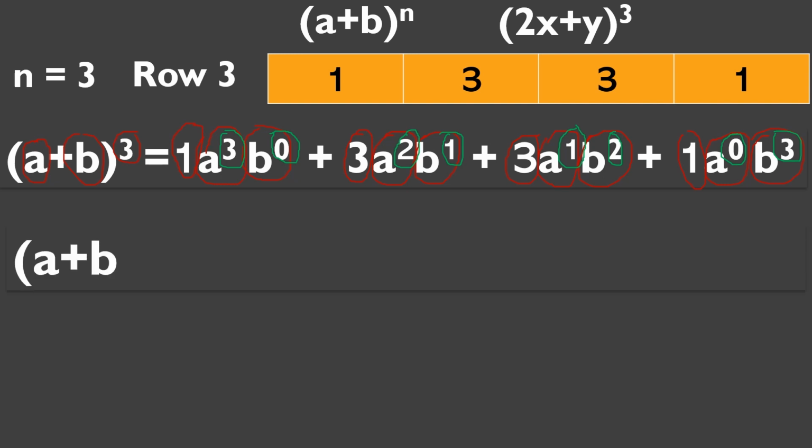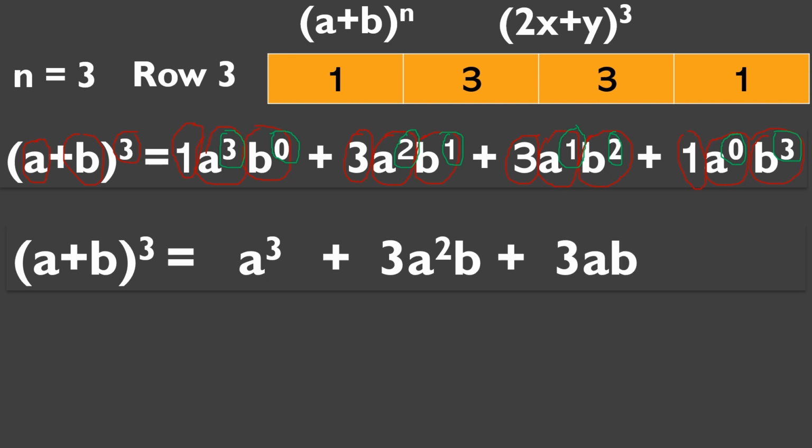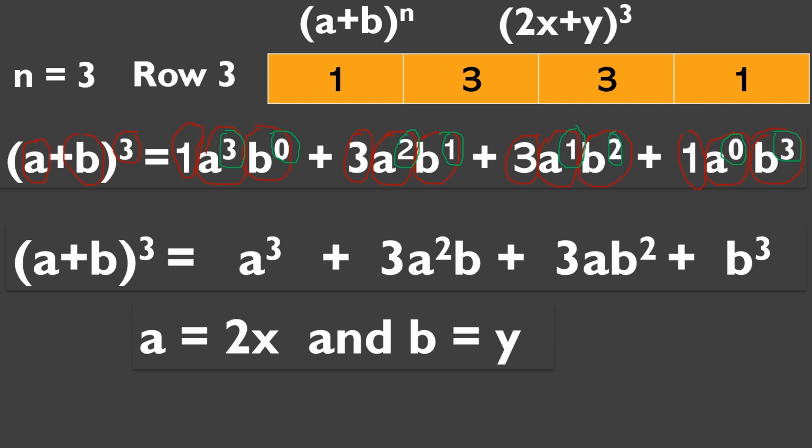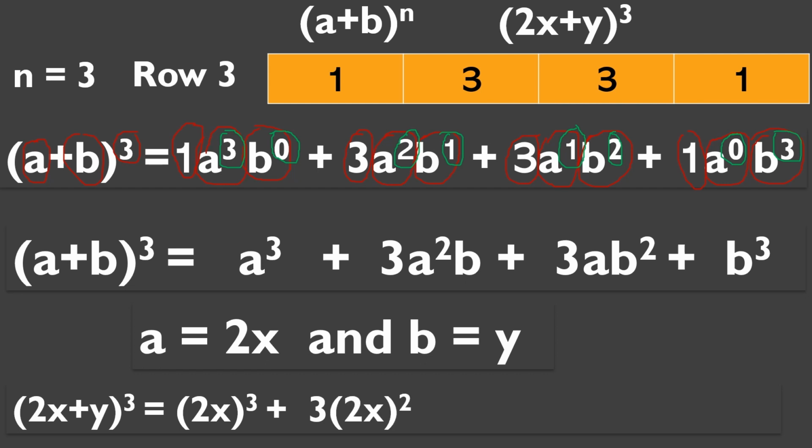So if we simplify this further, we have a plus b, everything raised to power 3, is a cubed plus 3a squared b plus 3ab squared plus b cubed. Now we know that our a is 2x and our b is y. So what we simply do is substitute. Wherever we see a, we put 2x, and wherever we see b, we simply put y.